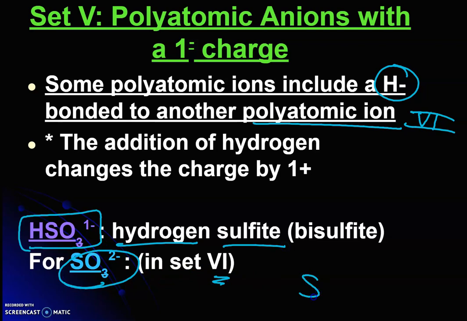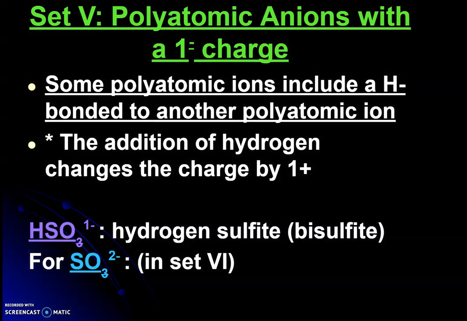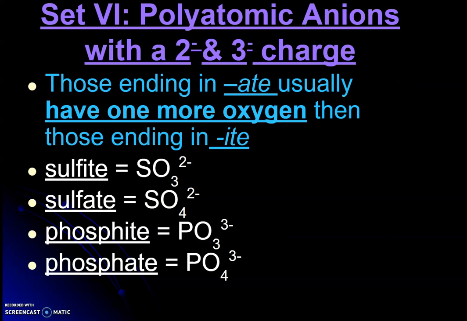If sulfite is SO3 2 minus, hydrogen sulfite is H plus and SO3 2 minus together. So that's HSO3 1 minus total. The plus and the 2 minus make for a 1 minus. Sometimes they're called bisulfite. Bicarbonate does the same thing. There's lots of elements and compounds that do these.